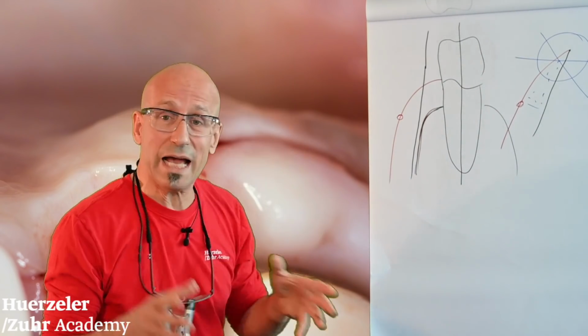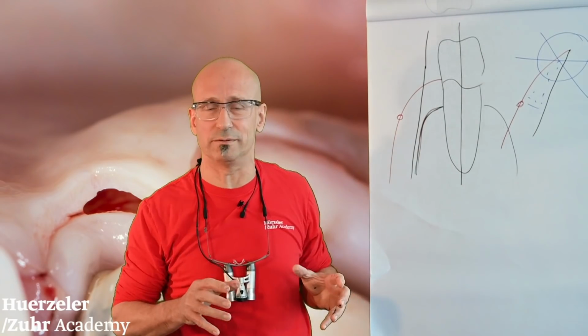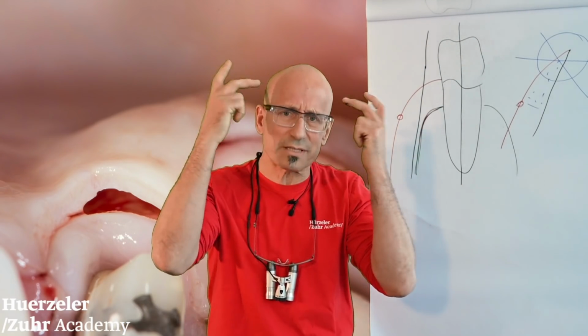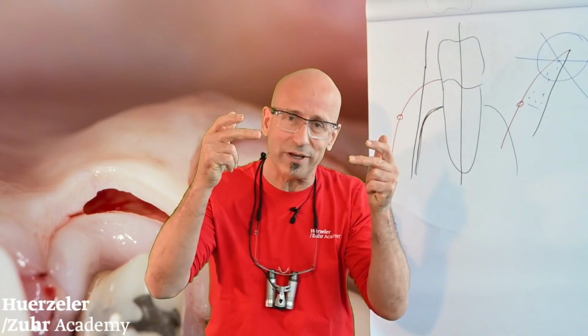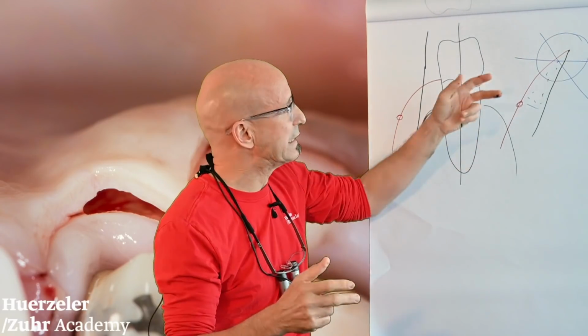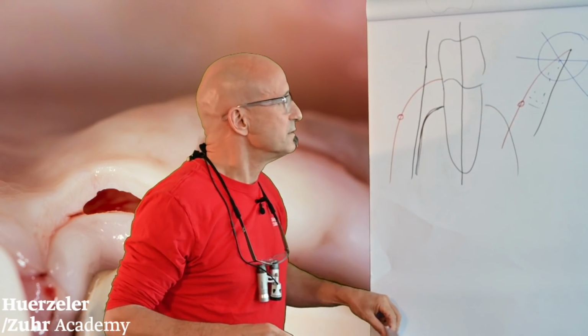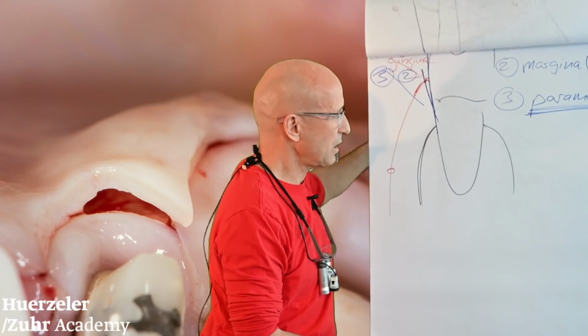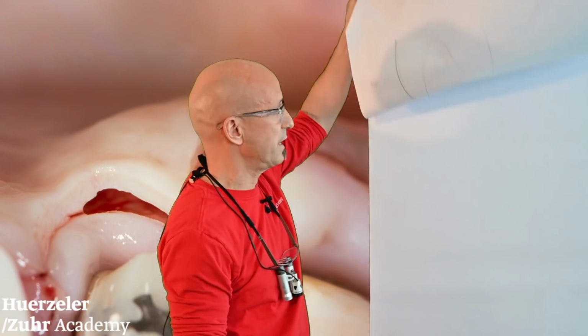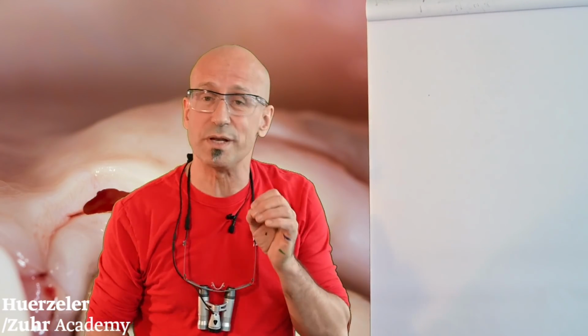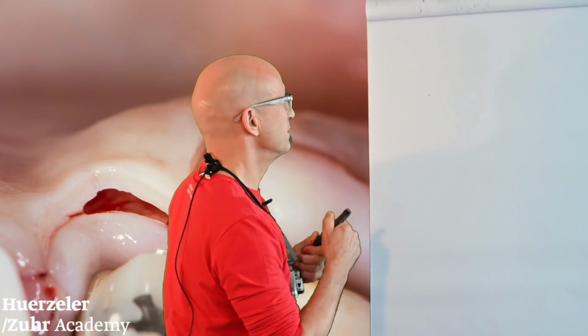So we have to address this problem now. It's very simple actually. We need to understand how we can avoid that this is going to happen. And so let's go through how we today recommend to do a split thickness flap approach.